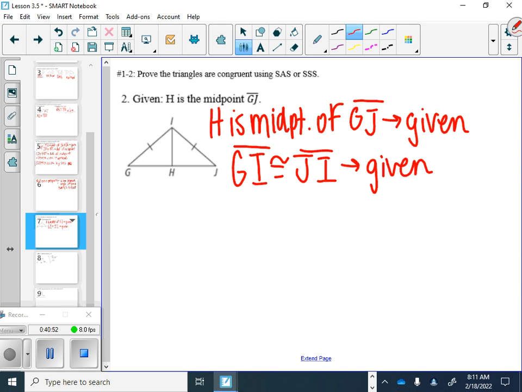Now I have to figure out the puzzle pieces. Let's start off with what I was given. H is the midpoint of GJ. What is that telling me? GH and JH are the same. H is the midpoint, so it's cutting GJ in half, and those two sides are congruent to each other.